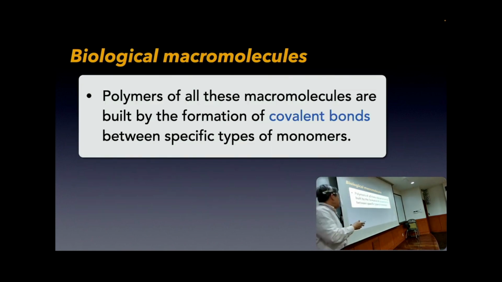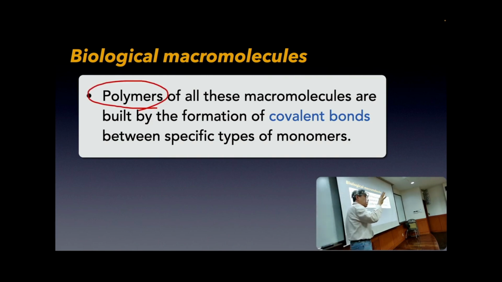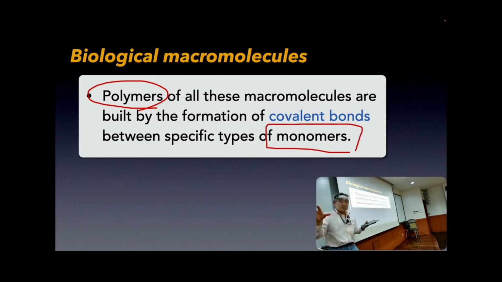And always remember, these macromolecules are polymers. And also remember monomers. In biology, the way polymers are built is only through assembling individual monomers. That's it. How?